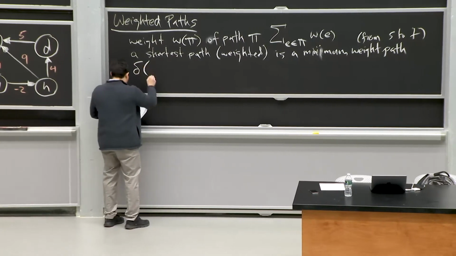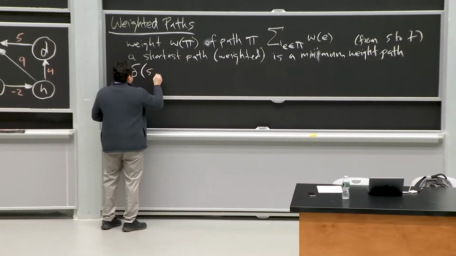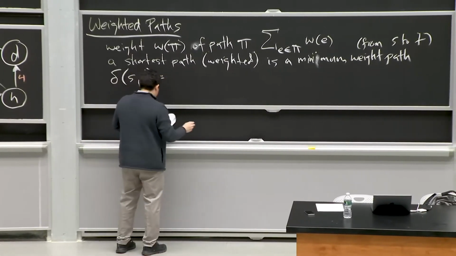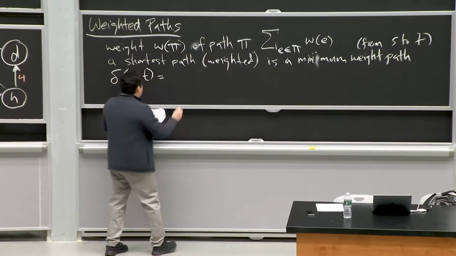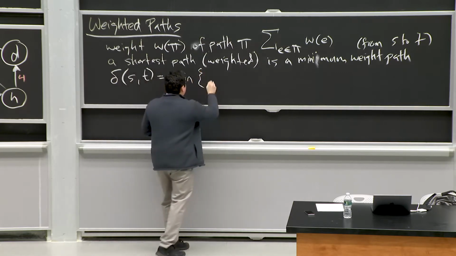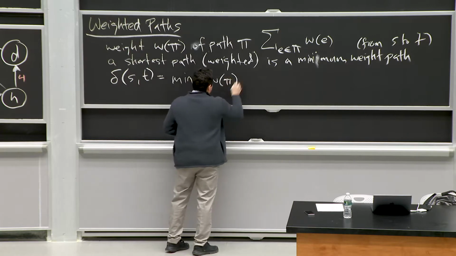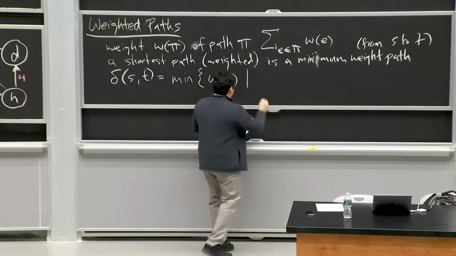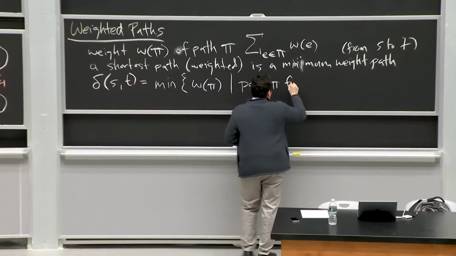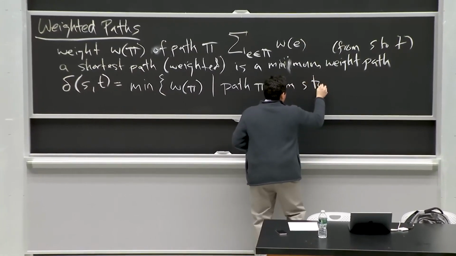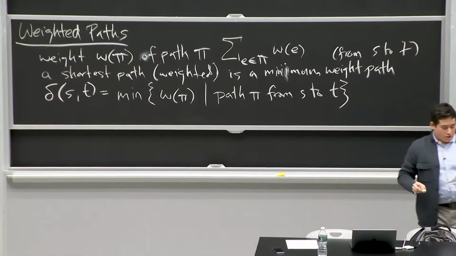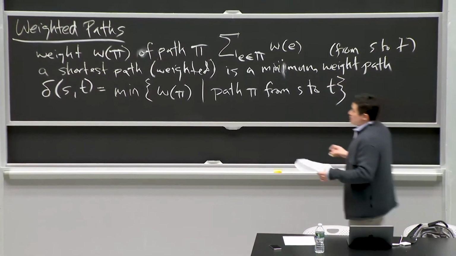A delta from a vertex S to T is going to be, I'm going to do the wrong thing first, the minimum over the weight of all paths pi from S to T. Okay, there's a couple things that go wrong here.